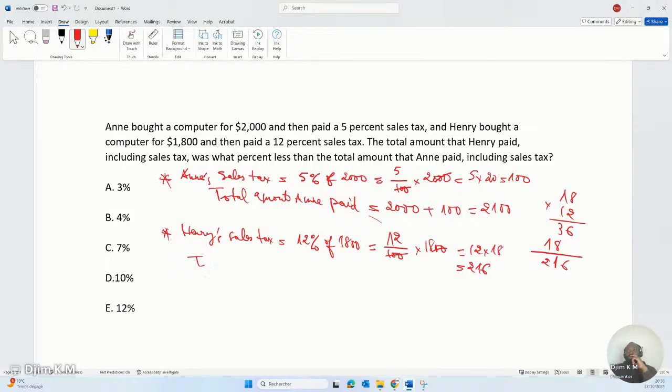So the total amount Henry paid will be 1,800 plus 216, which is 2,016 dollars.